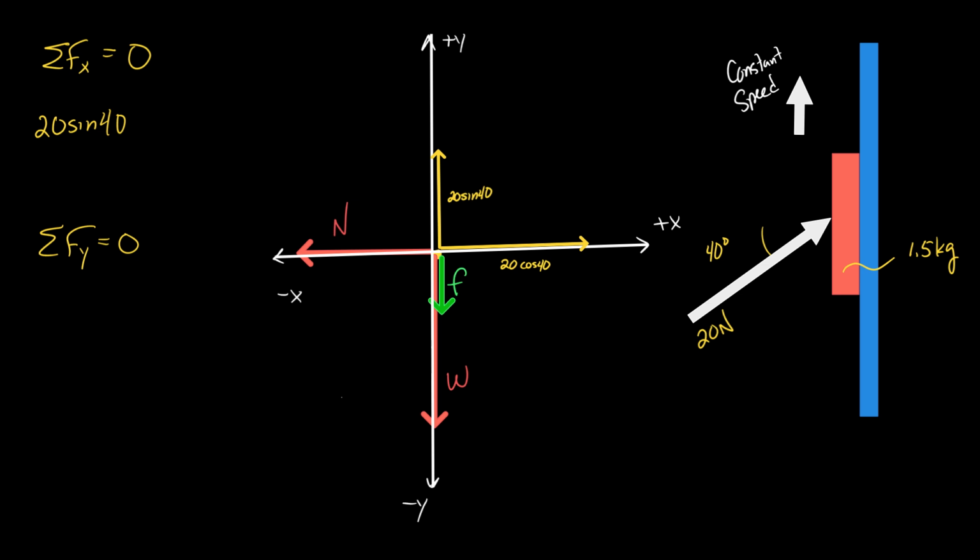I'm sorry, not sine, x direction. 20 cosine 40 minus normal equals 0. I add up all the forces that are in the x direction and set them equal to 0. And then 20 sine 40 minus friction minus weight equals 0. I've added up all the forces that are in the y direction and set them equal to 0.